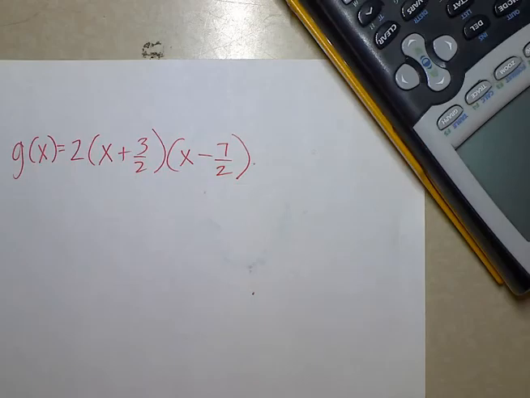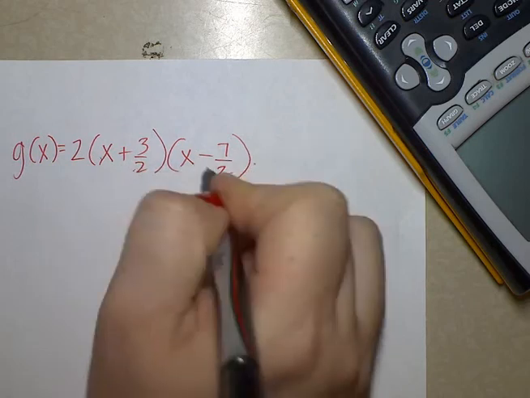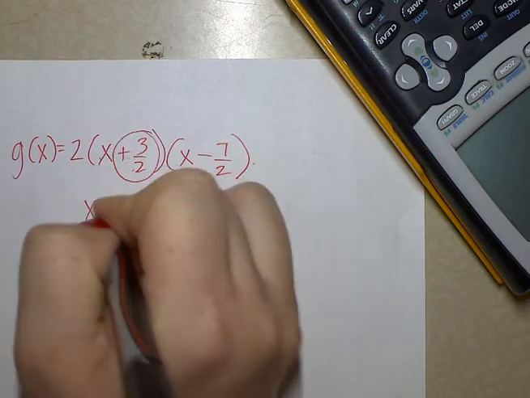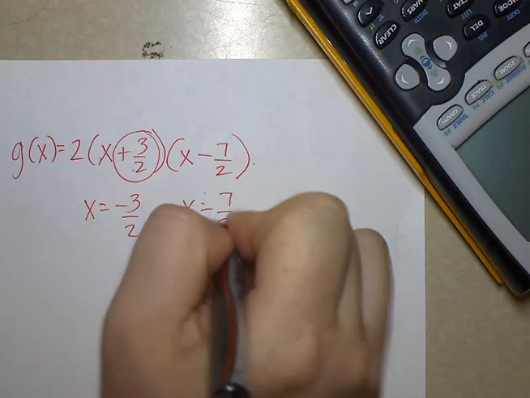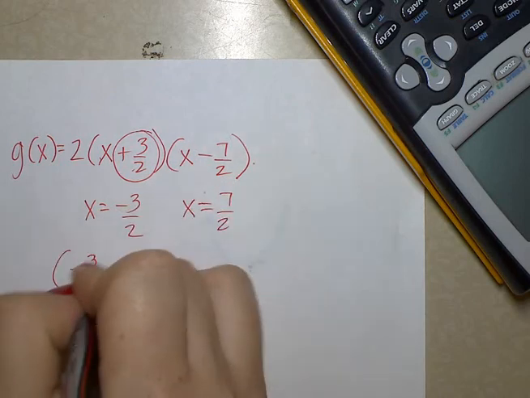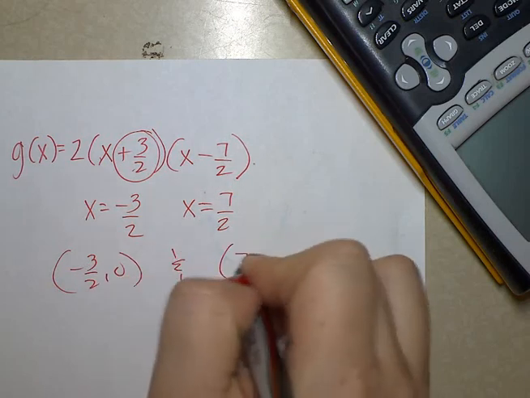Okay, and stop. Remember, when it's in factored form, as long as you have not done bottoms up, we can do the opposite of this. One x-intercept would be -3/2, so the other would be +7/2. Writing it as a coordinate, these would be your two answers.